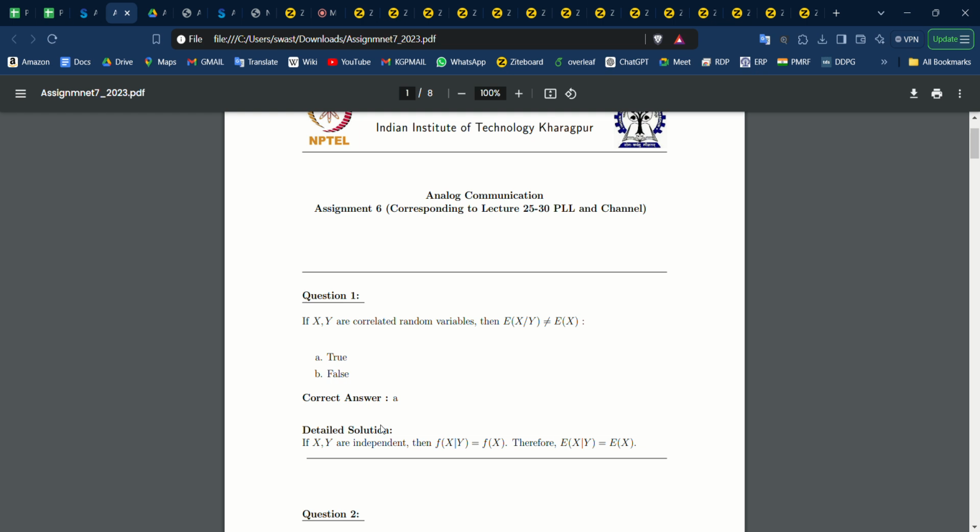In probability theory, the opposite of correlated random variables is independent random variables. So, if random variables are not correlated, they are independent.